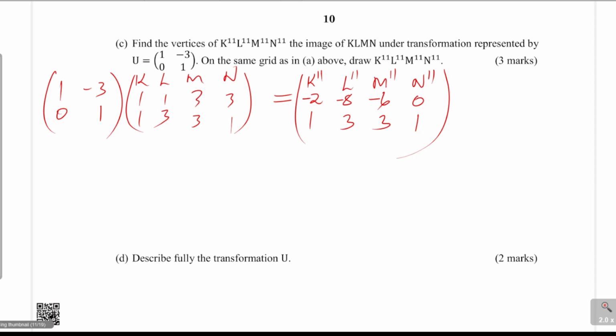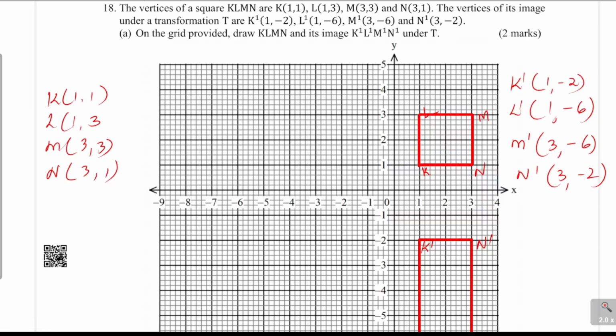So -2 1. We have -2 1, it is there. That is K double prime. And then we have -8 3. That is L double prime. And then we have -6 3.